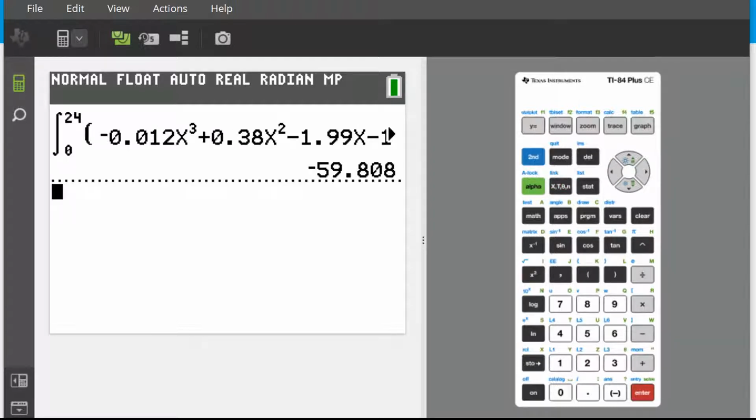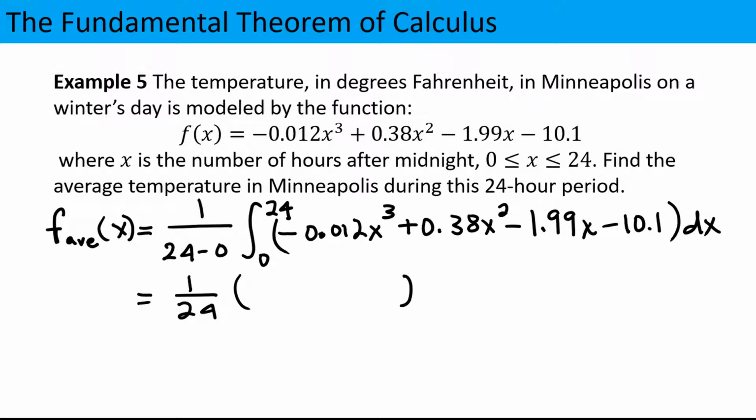Now press enter, and the output we get is negative 59.808. Let's transfer that. Transferring, we will write negative 59.808. Multiply that with 1 over 24. And we get negative 2.492 degrees Fahrenheit. So a typical winter's day average temperature in Minneapolis is negative 2.5 degrees.